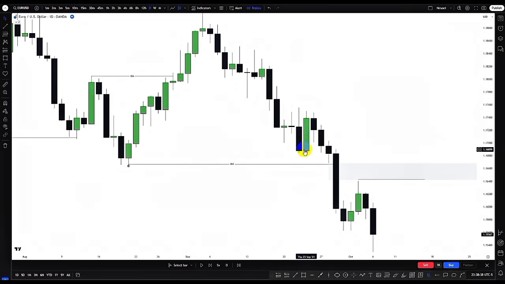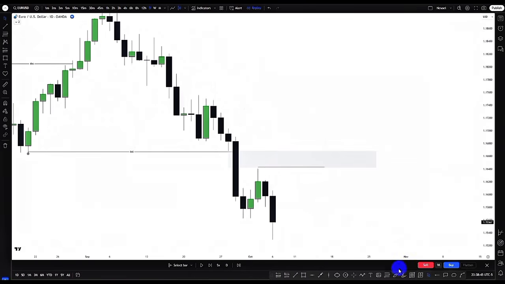Because you can see here we have an up close candle. This is the open price. This is the close price. Basically, for the bullish candle, we have the open price.